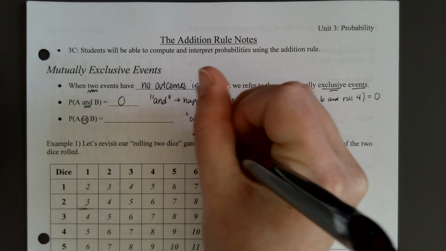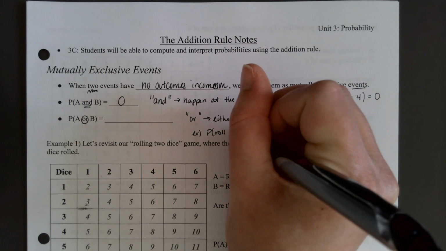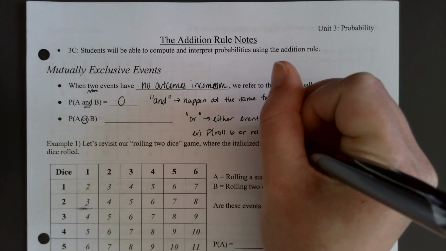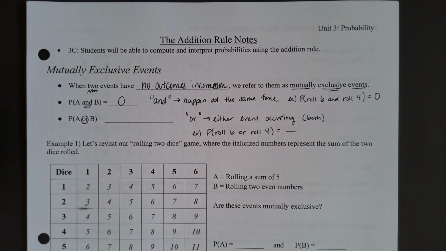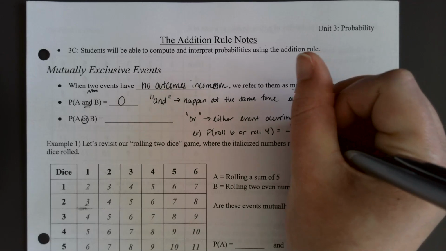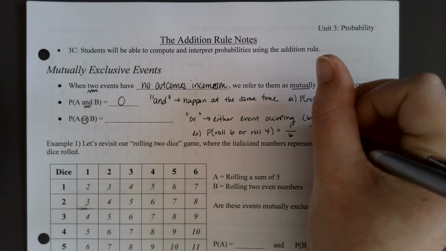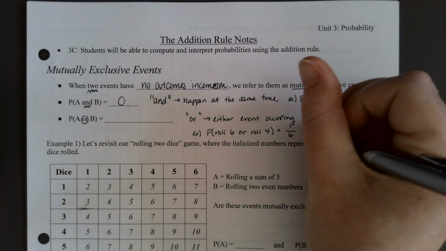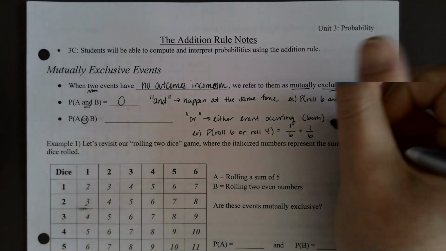So for example, if I have, once again, the probability of rolling a 6 or a 4, well, the probability of rolling a 6 on a 6-sided die would be 1 out of 6. Then we also have the probability of rolling a 4, which would be 1 out of 6. For either or occurring, we're going to add the two probabilities together.